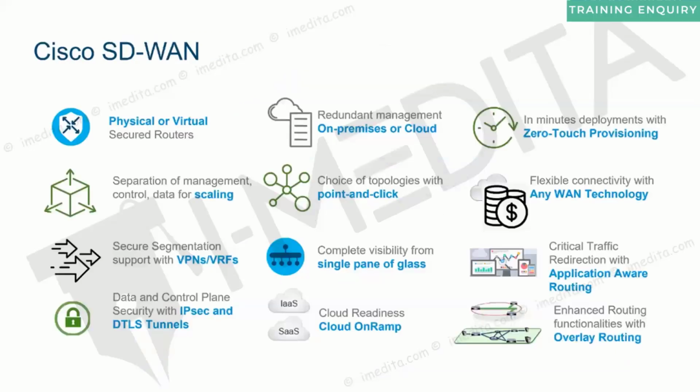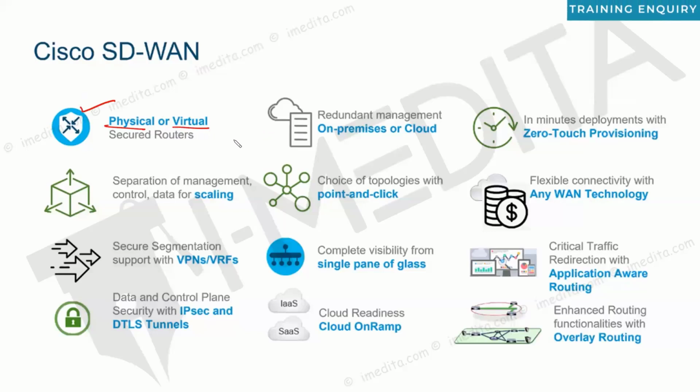If you look at the features of Cisco SD-WAN, or I would say the services provided by Cisco SD-WAN, first, your routers can be physical, and can also be virtual.